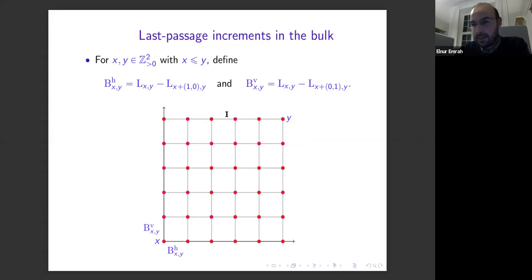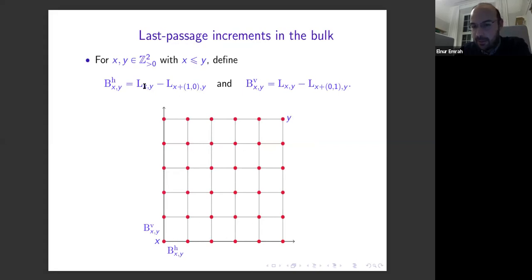Okay, and the next application I will mention is of a similar flavor, and I will now look at the limits of last passage increments in the bulk. So L denotes the last passage process.